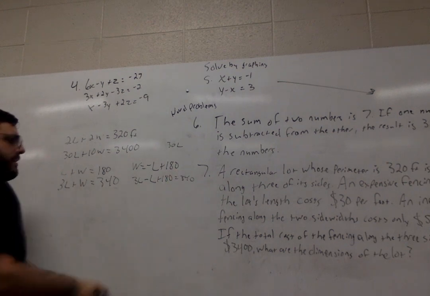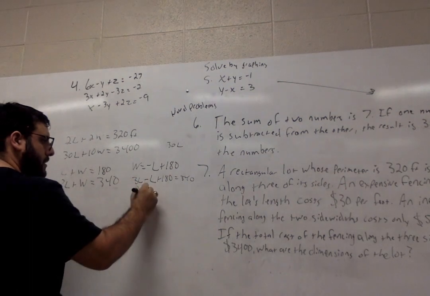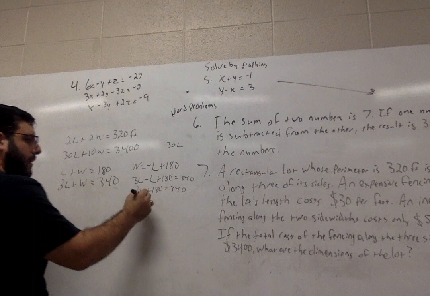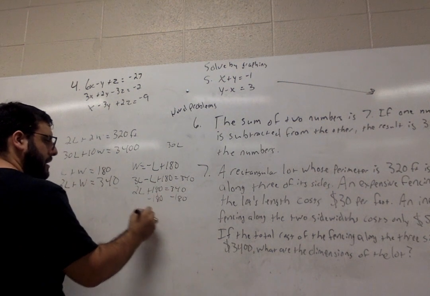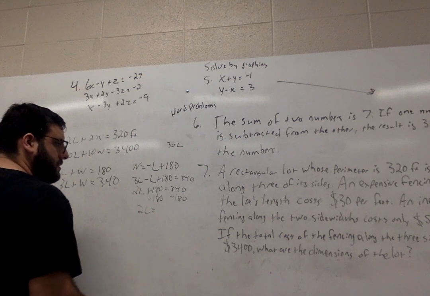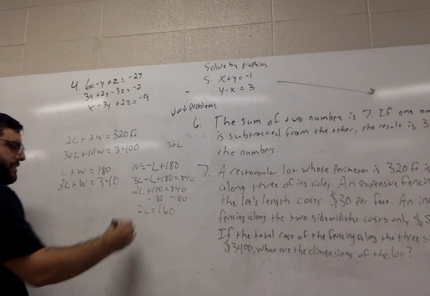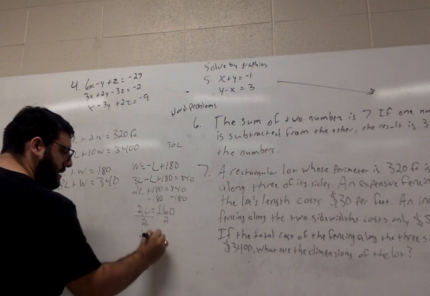All right, so now I'm going to go ahead and combine like terms. 2L plus 180 equals 340. Now I'm going to solve for L. Subtract 180 on both sides. 2L equals, I believe this is 160. Yeah. Divide both sides by 2. L equals 80.